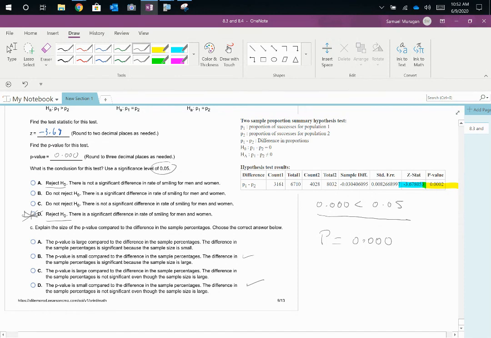The first one says the p-value is small compared to the difference in the sample percentage. The difference in the sample percentage is significant because the sample size is clearly large. Okay, good. I like this explanation because this one saying is not significant even though the sample size is large. Remember what we said about large sample sizes, that they make the results, the p-value, even more significant.